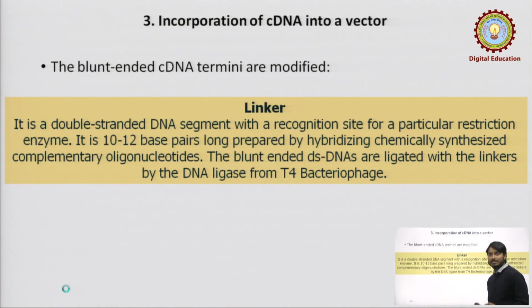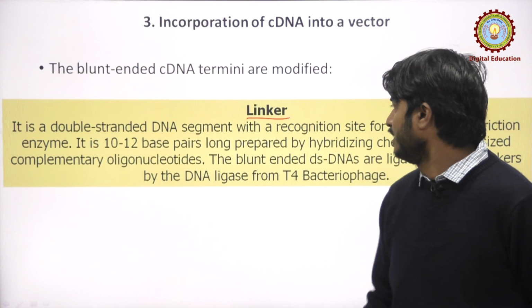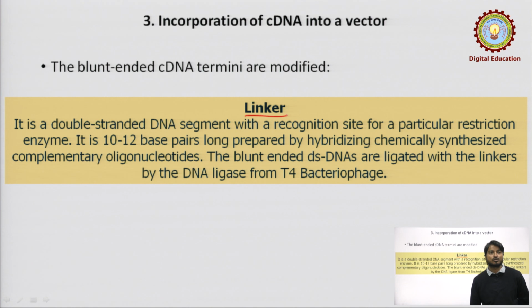So for creating a blunt end in the cDNA, we will require another part, that is called a linker. And what is a linker? It is a double stranded DNA segment with a recognition site for a particular restriction enzyme. It is 10 to 12 base pairs long, prepared by hybridizing chemically synthesized complementary oligonucleotides.